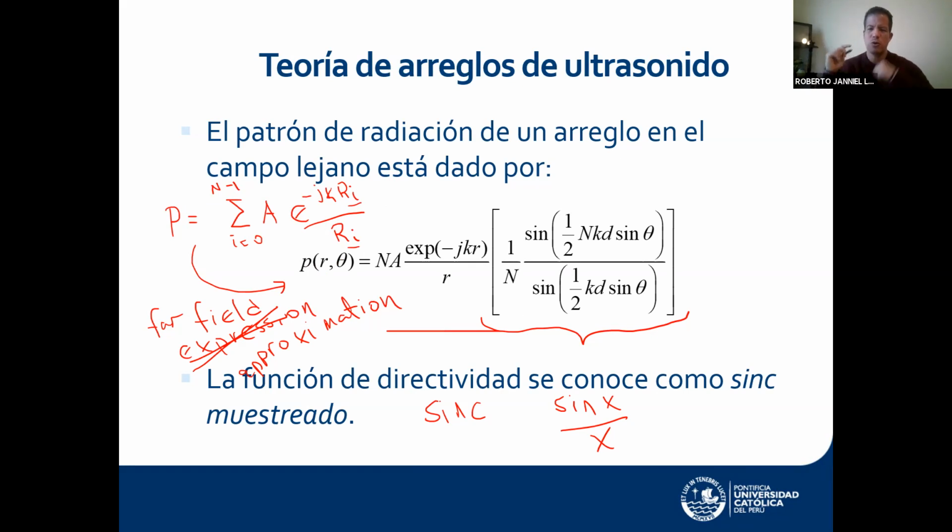So if you conceptualize it, you have a whole bunch of points that are infinitesimally close to one another, right? d goes to 0. If I have something like that, then what would my transducer be? A line. Correct. It would stop being a collection of points. It would become a solid line, right?